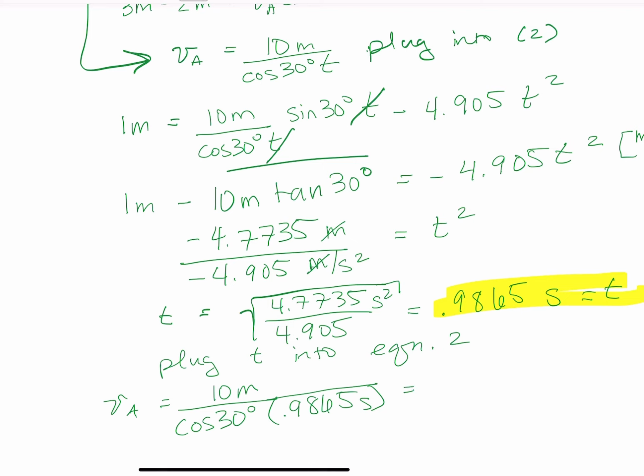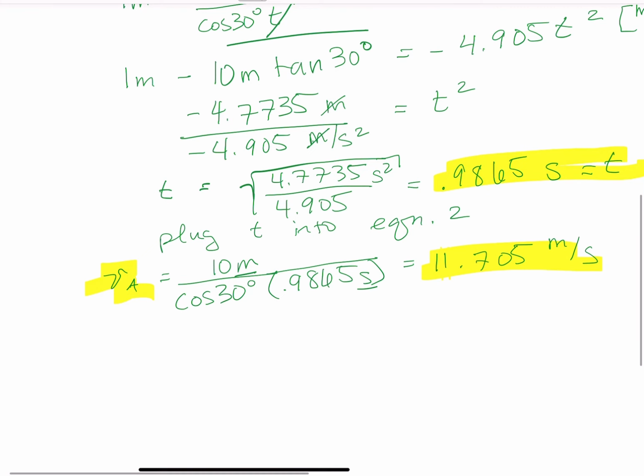So VA is going to equal 11.705 meters per second. And see the meters per second, so that works out. So that's one of the things that we needed to find.